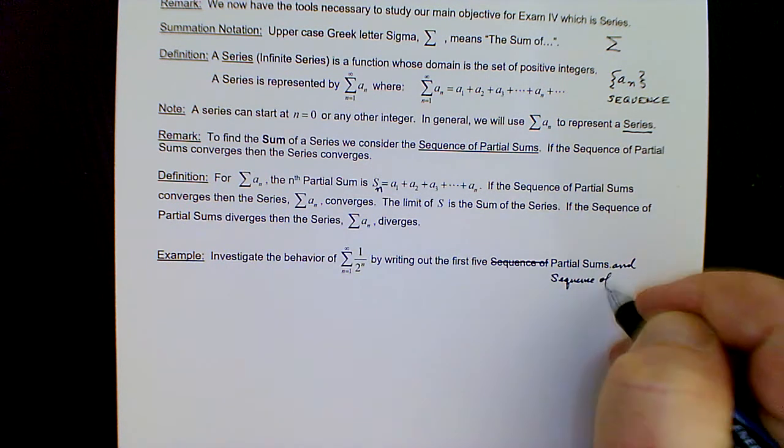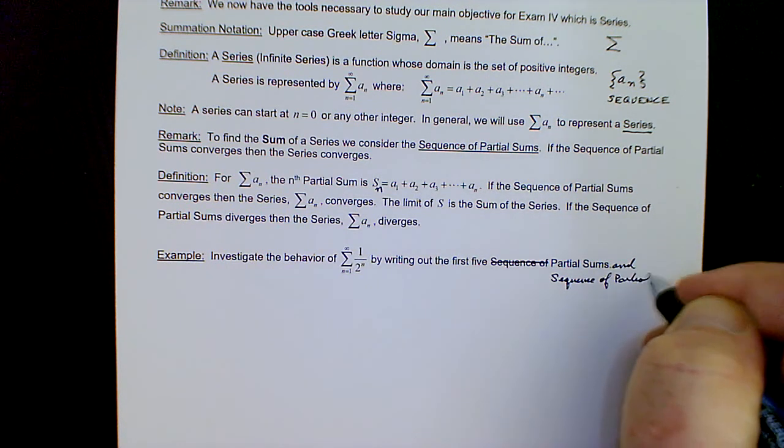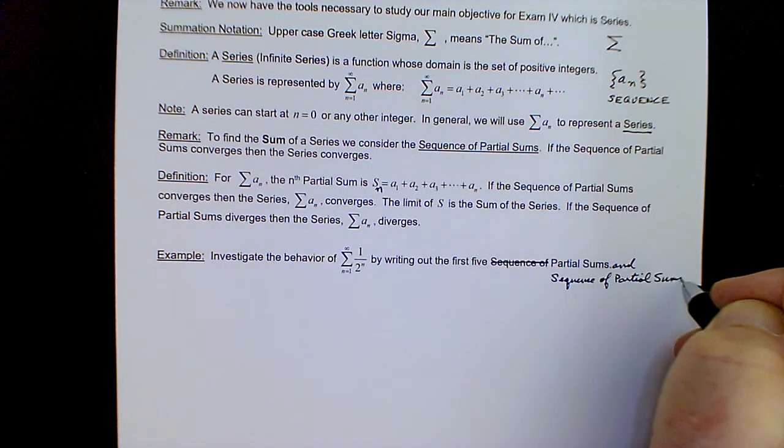Okay, so the first partial sum is just the first term of the series, 1 over 2 to the first, or 1/2.